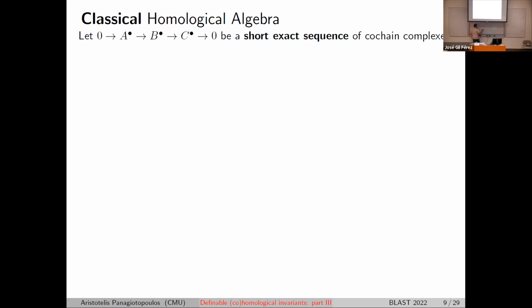If I have, let's say, an object A, B, C, and here let's say this map is F and this map is G. Exact means that at its coordinate, for example here in B, the image of F is exactly equal to the kernel of G. This is what exactness means, right?